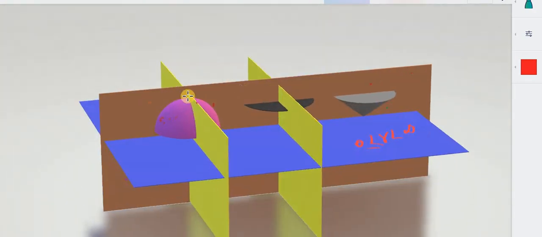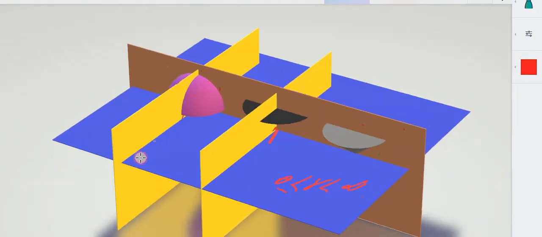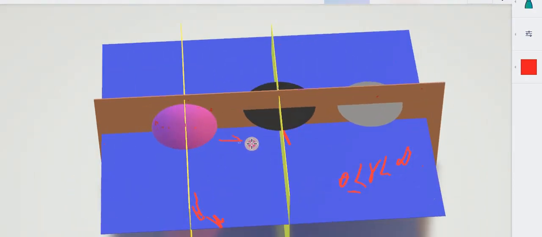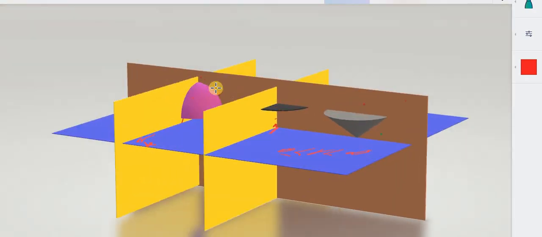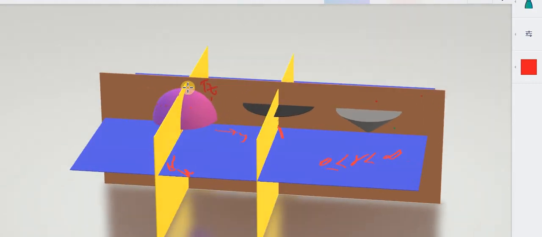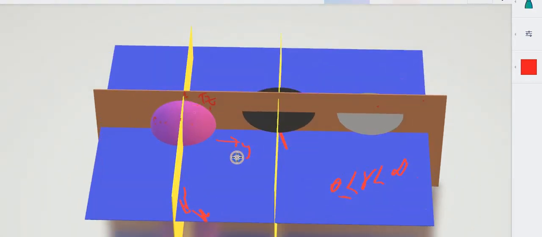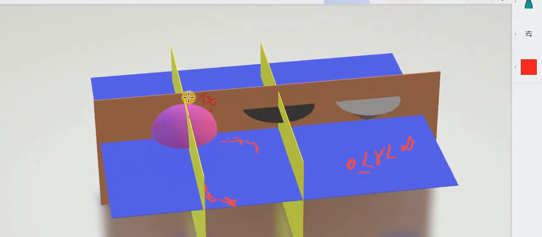For this case, it is the z axis: this way is x, this way is y, and this way is z. So the z axis is nothing but the reference line.